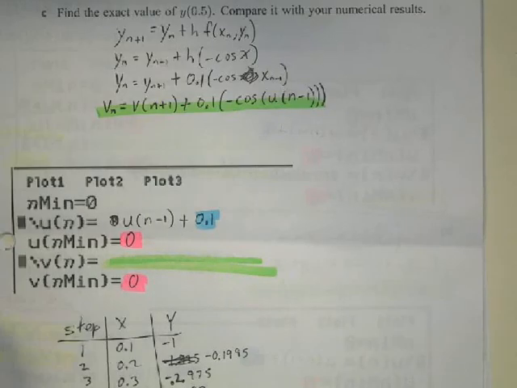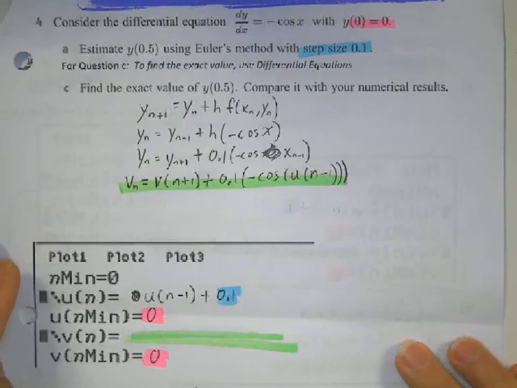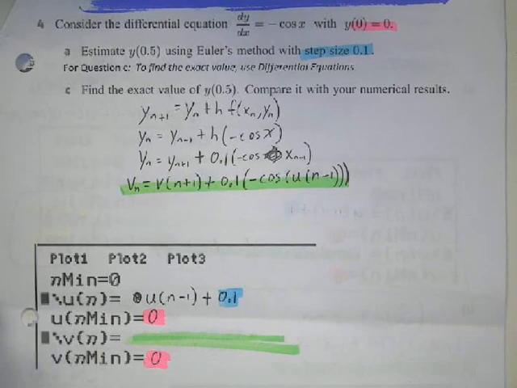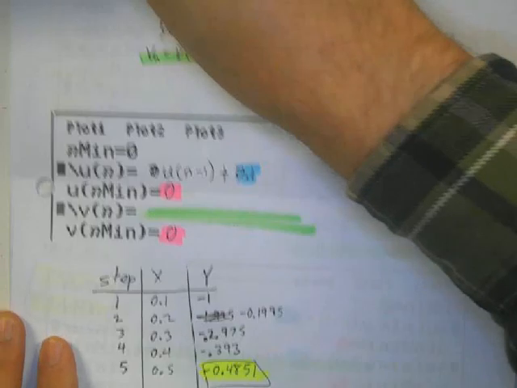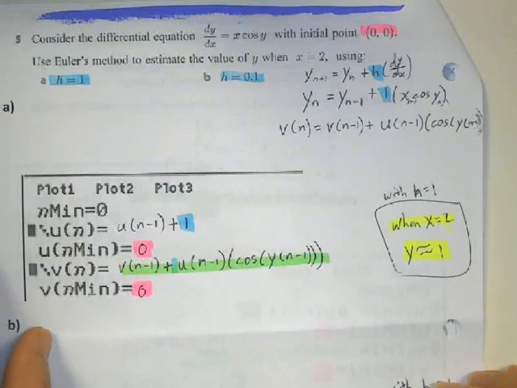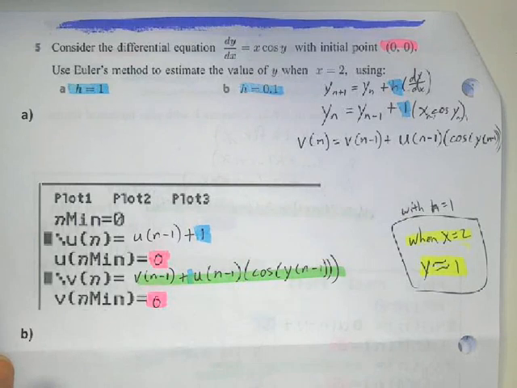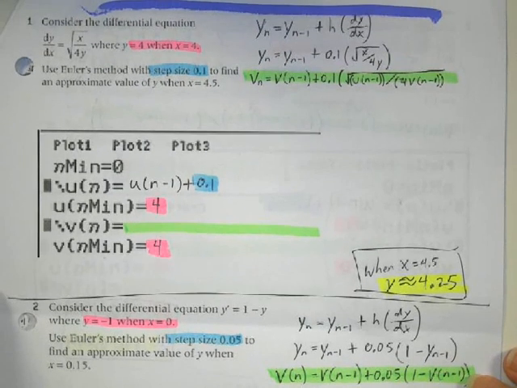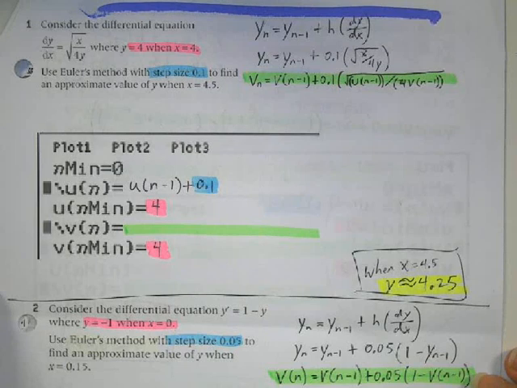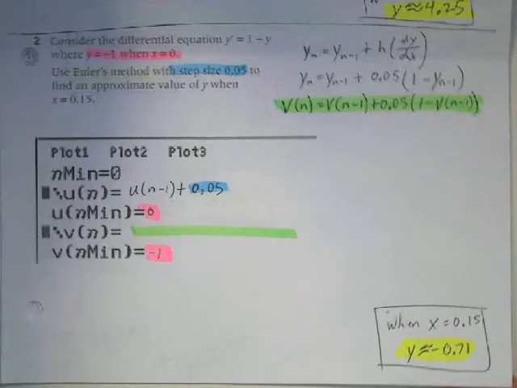Okay, here's example number 4. And you should get something like this. And then example number 5. Hit pause to check your work. Next page, hit pause to check your work.